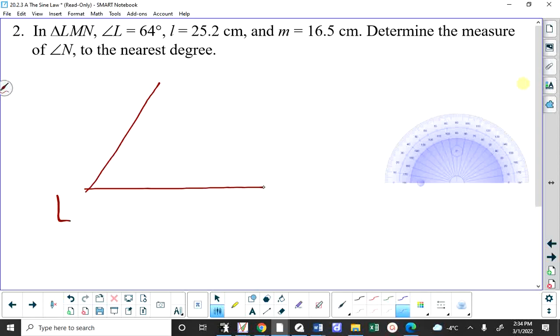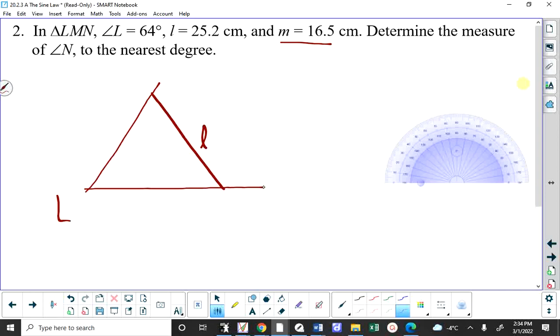Side L is 25.2. So here's where forward thinking becomes important. If I put my 25.2 here, and I'm going to erase that in a second, I say this is little l. Look at m. M is 16.5. So one of those other sides is 16.5, which is considerably smaller than 25.2.